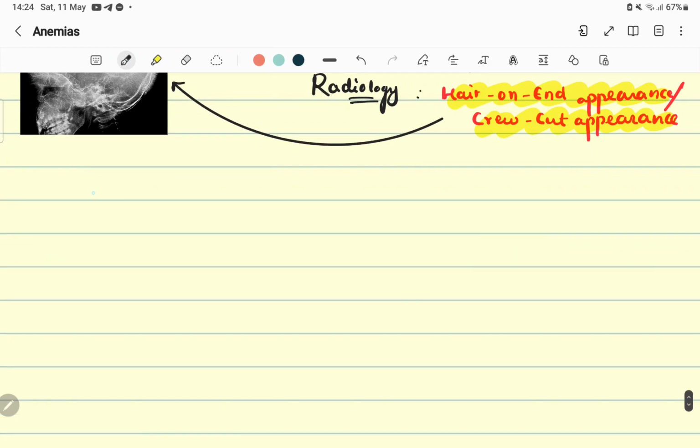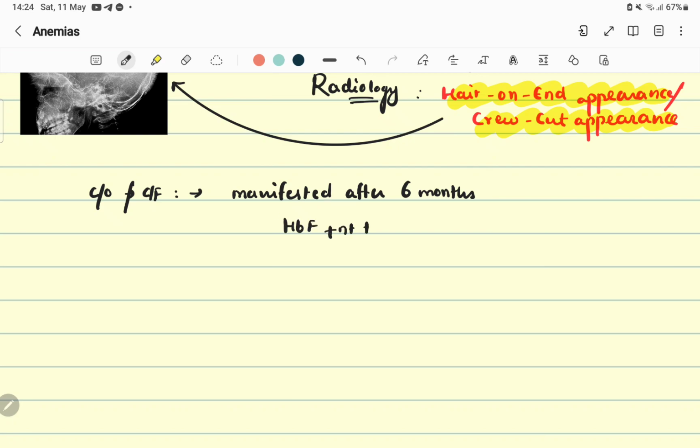Then what are the presenting chief complaints or clinical features? First thing is that it will be manifested after 6 months, because HbF is present till 6 months. So after 6 months it will be manifested.